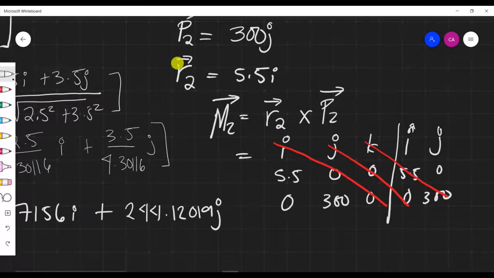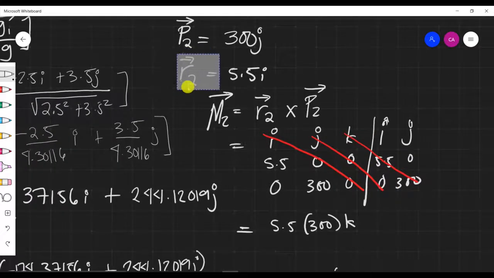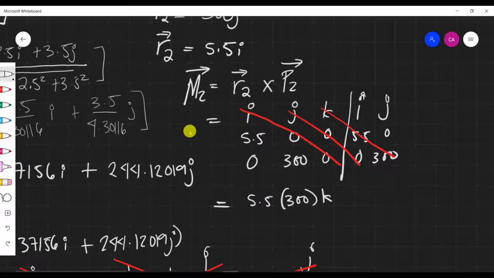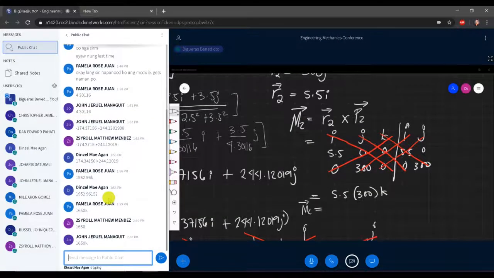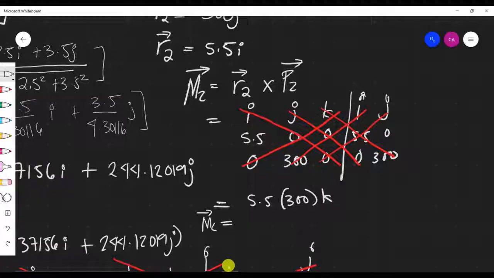Check natin. So equals to 5.5 times 300 K. Then the rest, I think 0. Check natin: 0, 0, 0. So, ibig sabihin nun, ano ang M sub 2? 1,650K.